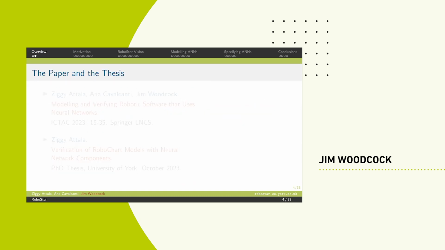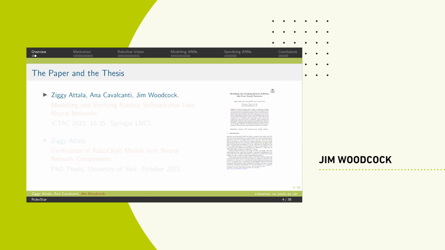The talk is based on a paper and a thesis. The paper is written by Ziggy Attala, Ana Cavalcanti, and myself, and it's called Modeling and Verifying Robotic Software that Uses Neural Networks. It was published at ICTAC last October. It's based on Ziggy's thesis.